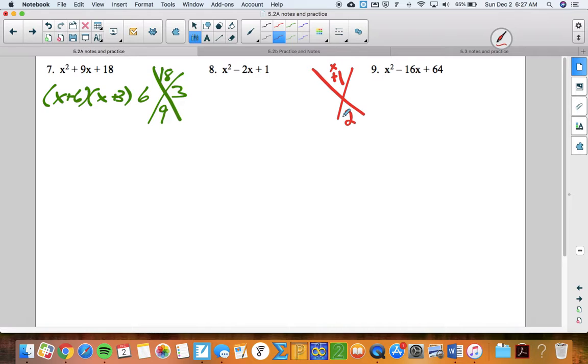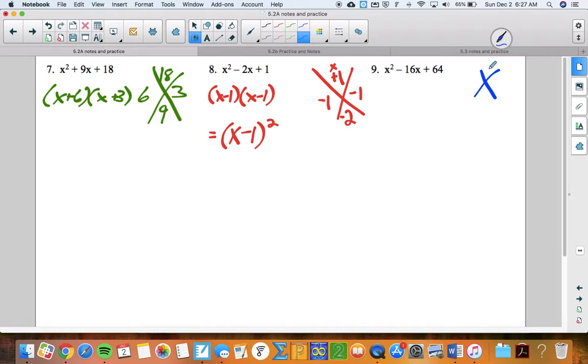I started doing it and thought, that's not going to work. It's numbers that multiply to a +1 and add to a -2. So now, let me try that again. Since it multiplies to a positive number, either both are positive or both are negative. They're both going to be negative. So we get x minus 1 and x minus 1. Again, note the order of our binomial factors is exactly the same because the factors are exactly the same. So the best answer here is actually x minus 1 squared, x minus 1 times itself.